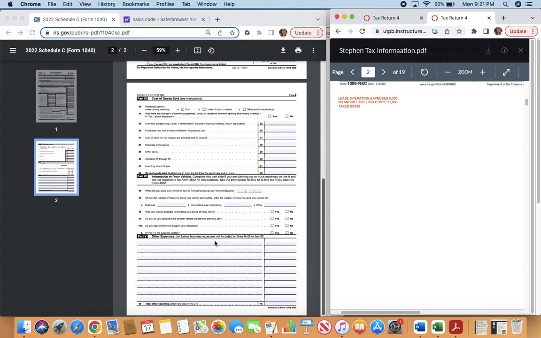And then there was also lease operating expenses in the amount of $5,000. There was intangible drilling costs of $21,000.